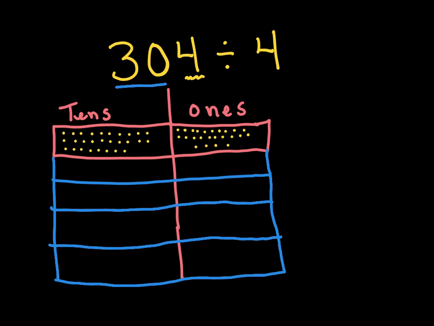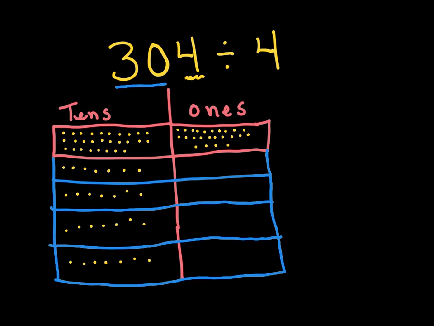All right, now we have to split all this up into 4 equal groups. So let's take that 28 and split it up. 1, 2, 3, 4, 5, 6, 7, 8, 9, 10, 11, 12, 13, 14, 15, 16, 17, 18, 19, 20, 21, 22, 23, 24, 25, 26, 27, 28.